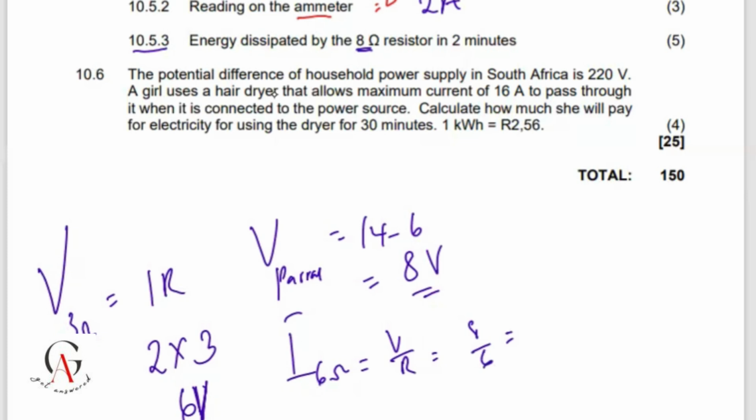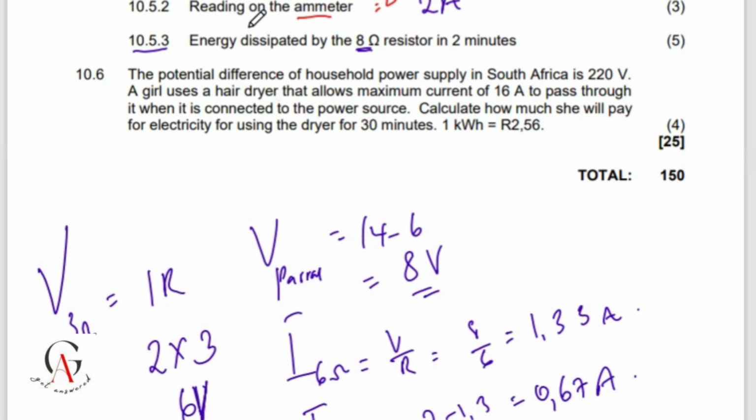I punch that into my calculator. 8 over 6 is giving me 1,3333 amps, which means the current that is passing through the 8 ohm is going to be 2 minus 1,3333. We subtract, we're going to get 0,67 amps. We're just trying to establish the amount of current that is passing through there.